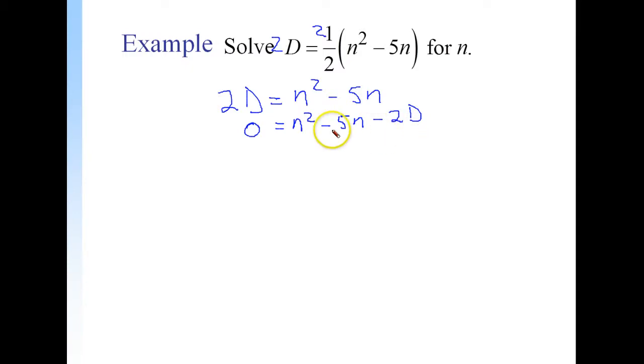Well, we have a quadratic equation now, and we're going to solve for n by using the quadratic formula, where a is 1, b is -5, and c now is -2d.